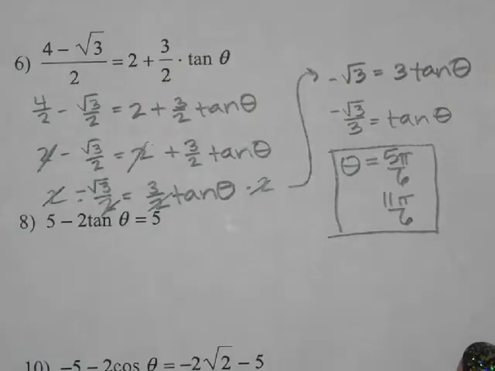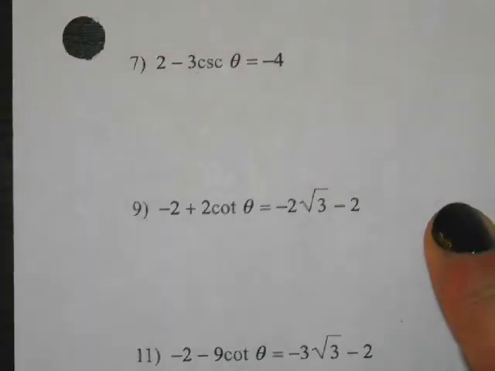All right. How do we feel about number 7? It's a cosecant problem. Should we look at number 7? Are we good on number 6? Okay. All right. Let's look at number 7. So, what should we do first on number 7?